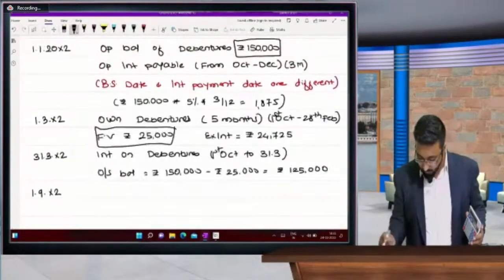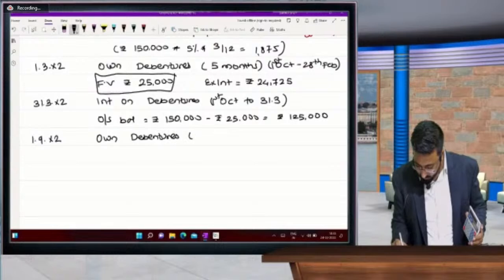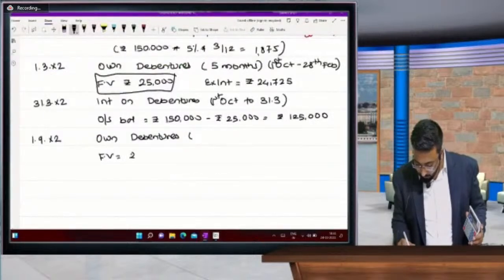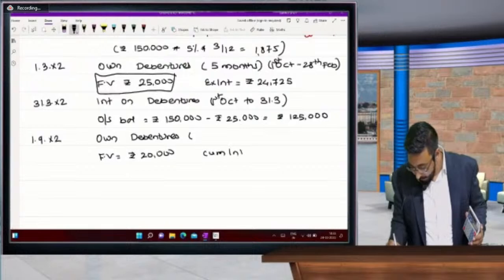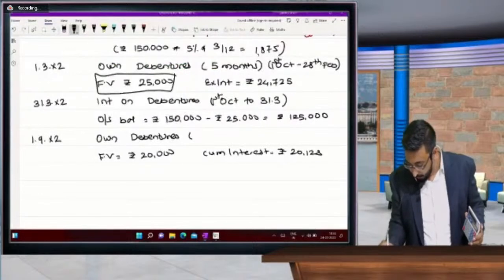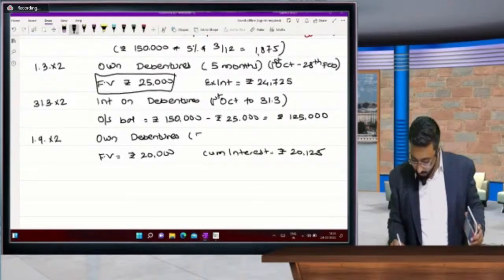Again, own debentures. Face value rupees 20,000 and cum interest rupees 20,125. How many months? 5 months.